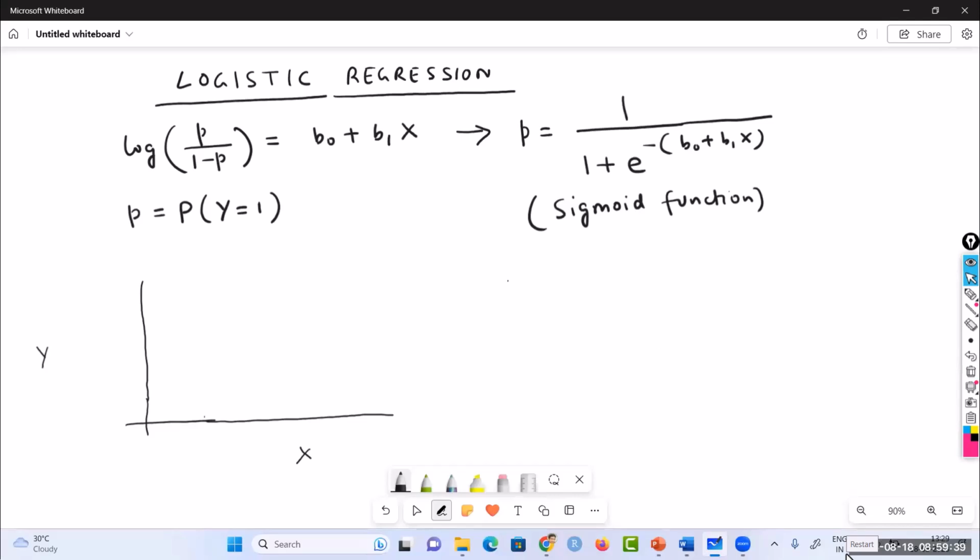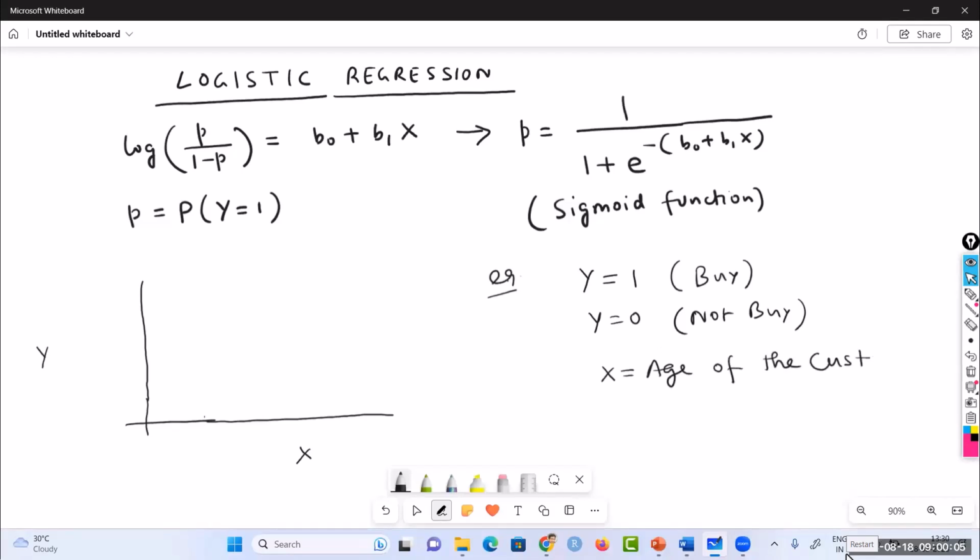For example, y equals 1 means that the customer will buy that particular magazine. Y equals 0 means not buy. And my independent variable x is the age of the customer. So y is either 0 or 1.